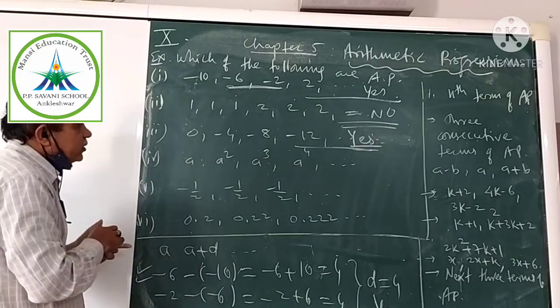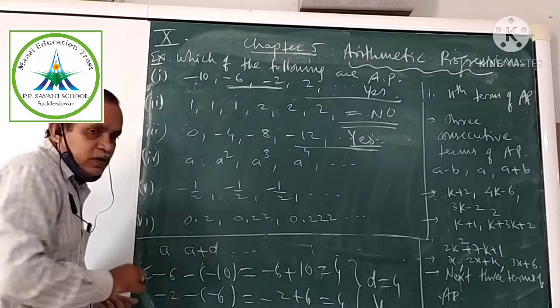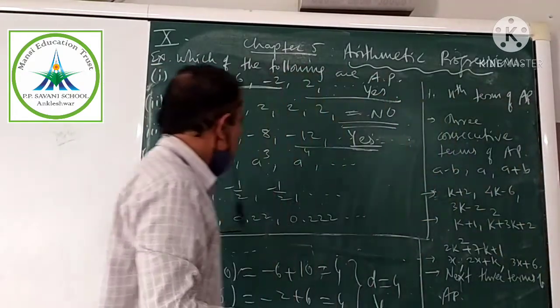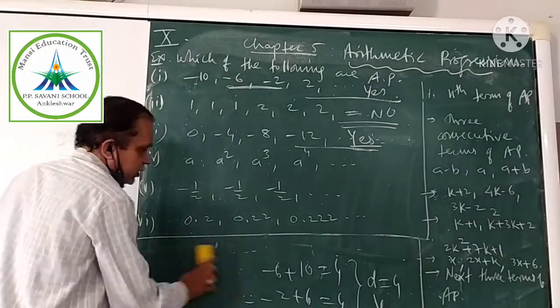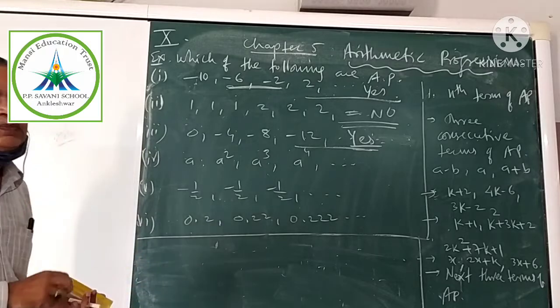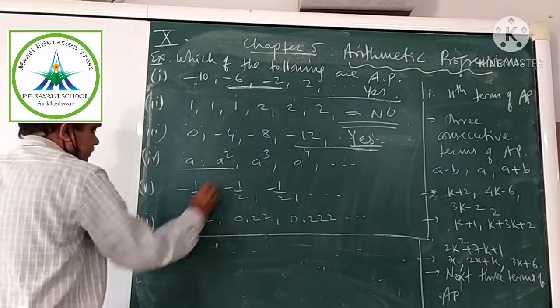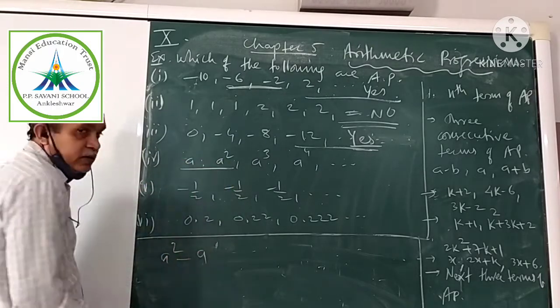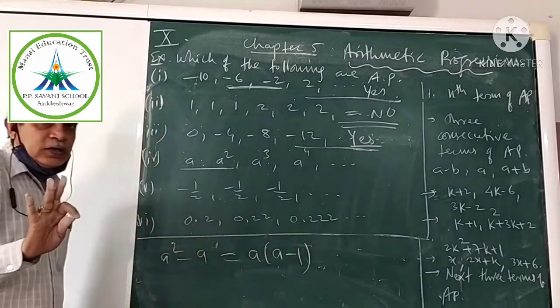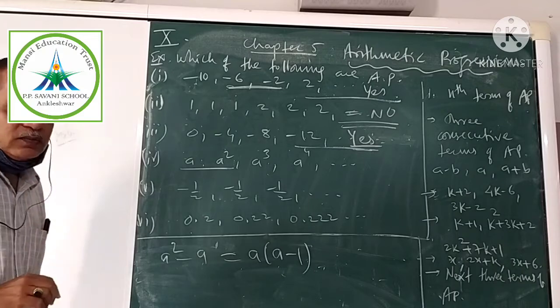Now next, see A square, A cube, A raised to 4, and so on. Students, nothing to bother about. Don't take risk, take a rough column and subtract yourself. A square minus A: what will you do? You take A common.